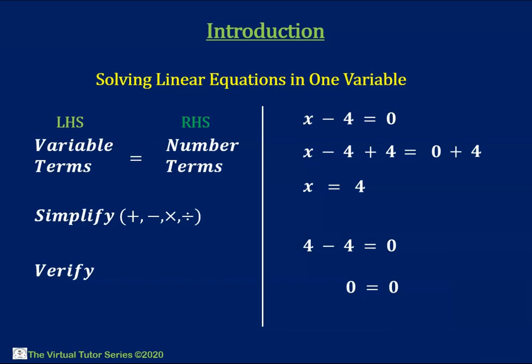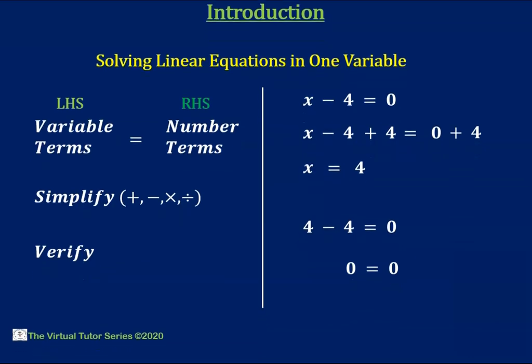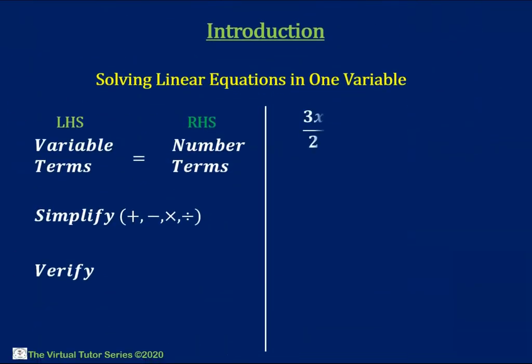For our last example, let's find the solution of the equation 3x over 2 is equal to 3. In order for x to stand alone, we need to get rid of 3 over 2.